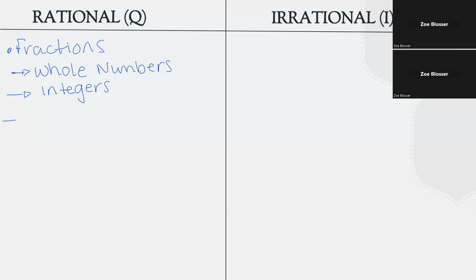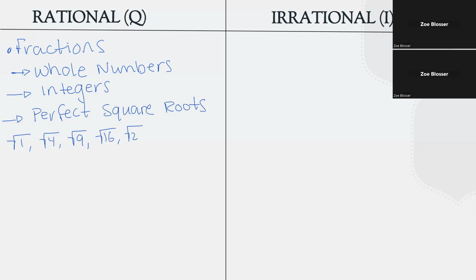Then we have perfect square roots. So for example, the square root of 1, square root of 4, the square root of 9, the square root of 16, square root of 25.